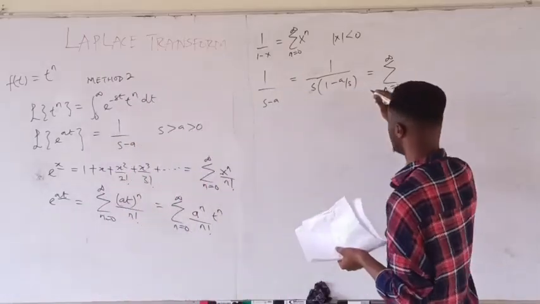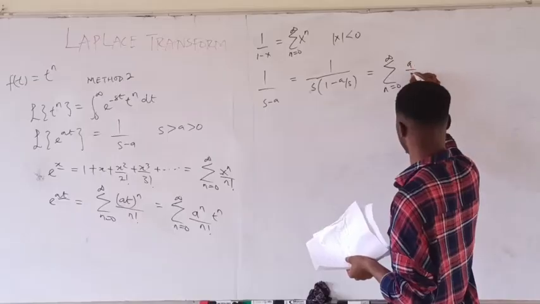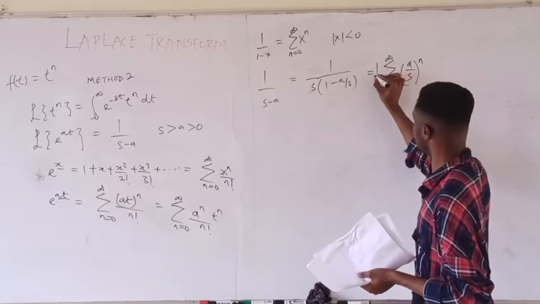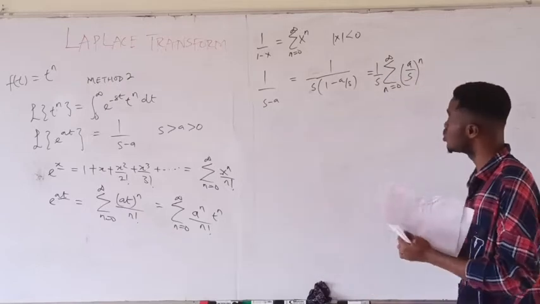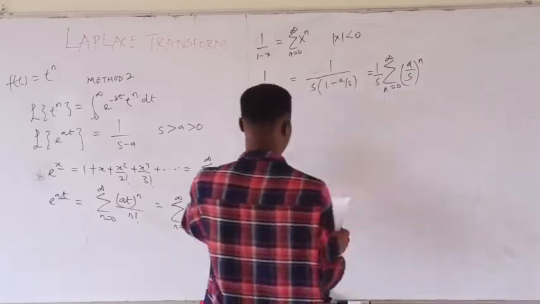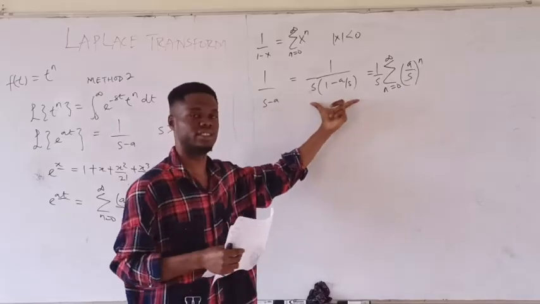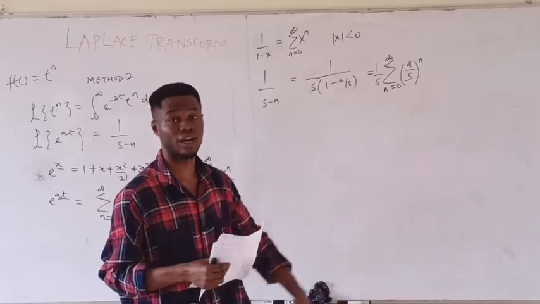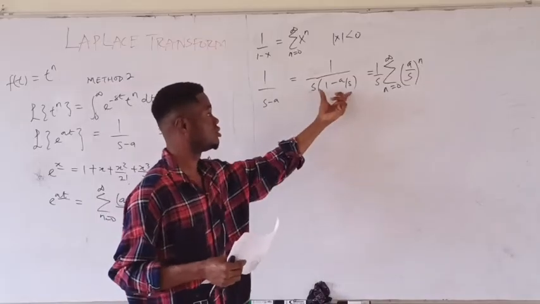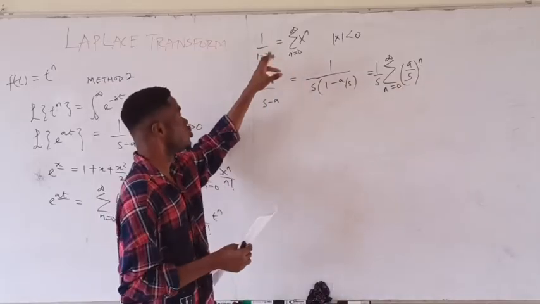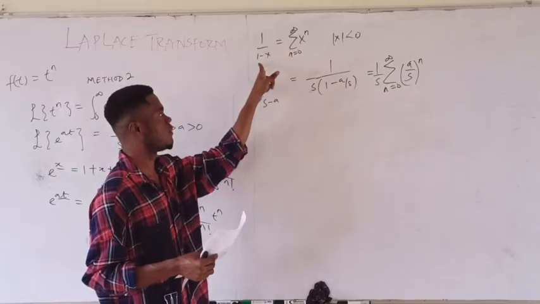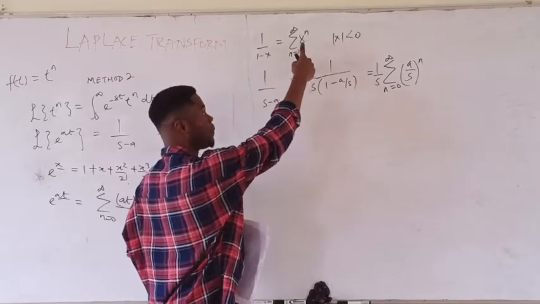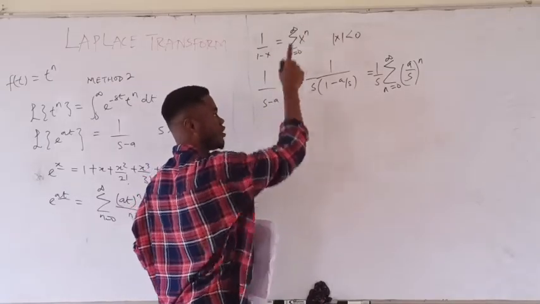Hence, what I'm going to have is a over s raised to the power of n, but remember that 1 over s is outside, so you can just put 1 over s outside. Let's go again. I've represented this function as this by just factorizing. I just factored out s and made it look like this. So using this particular function, when we have 1 over 1 minus x, the series will give you only this function raised to the power of n.